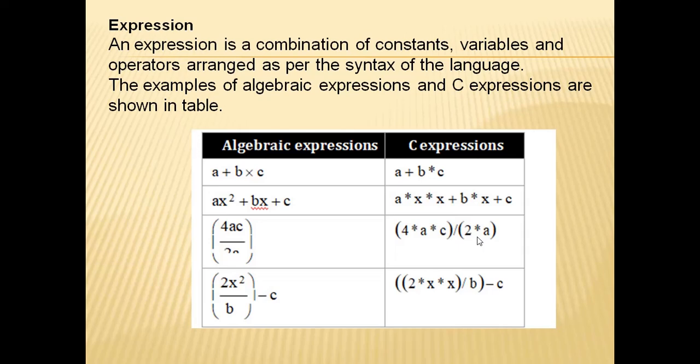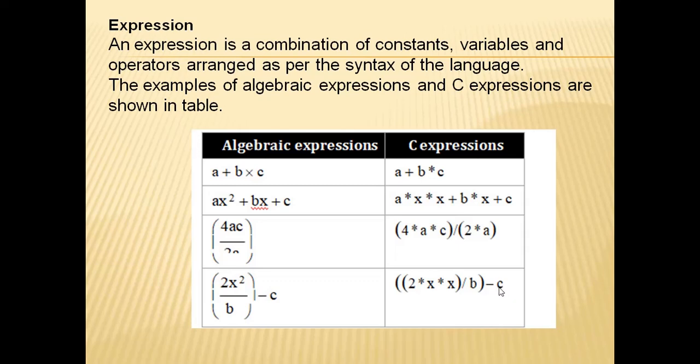Next example, if you observe the next example here, this is the algebraic expression 2x square by b minus c. The equivalent C expression for this algebraic expression is bracket of bracket 2 asterisk x asterisk x close bracket by, there is a division symbol, b close bracket minus c.